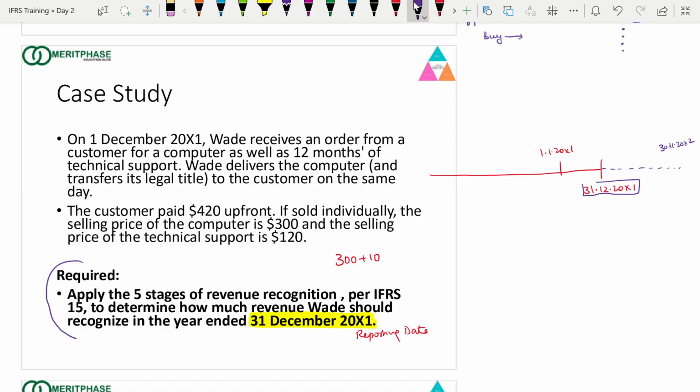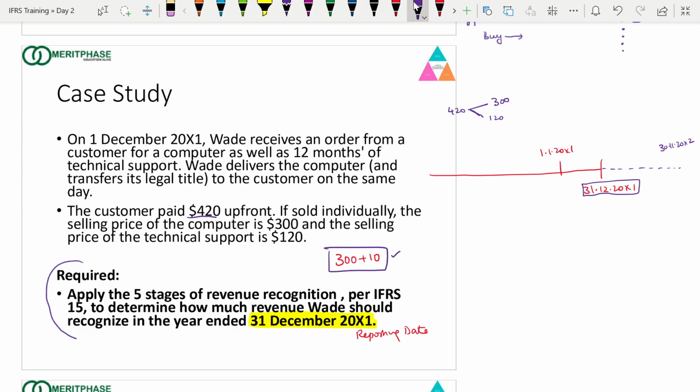There are two components in the 420. I am just giving an explanation. 300 is related to the unit, and 120 is related to the service, and this amount has been paid upfront.